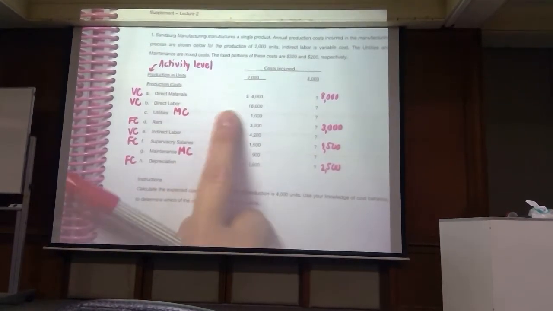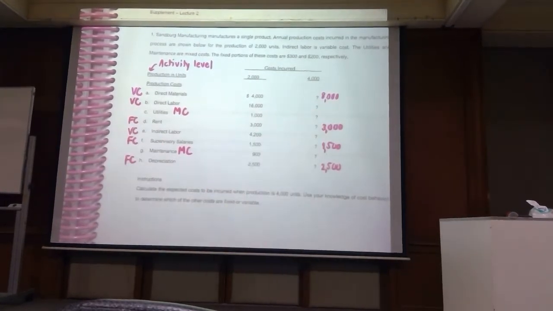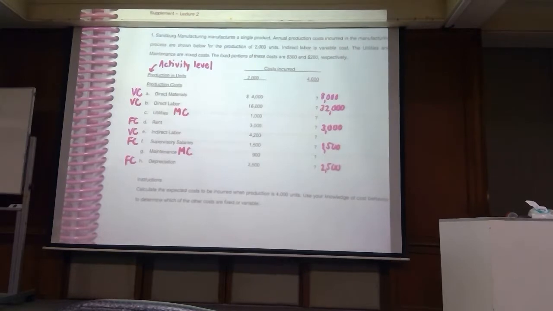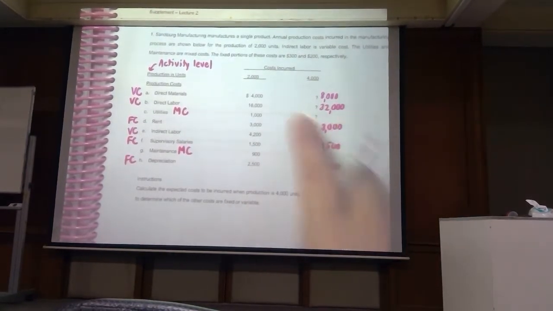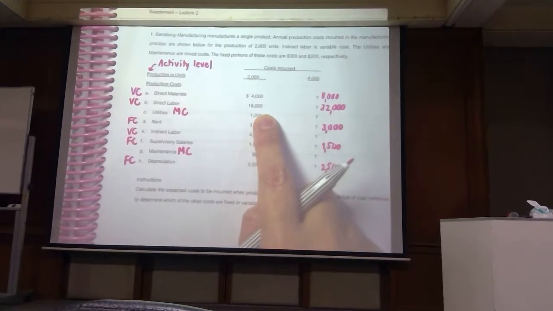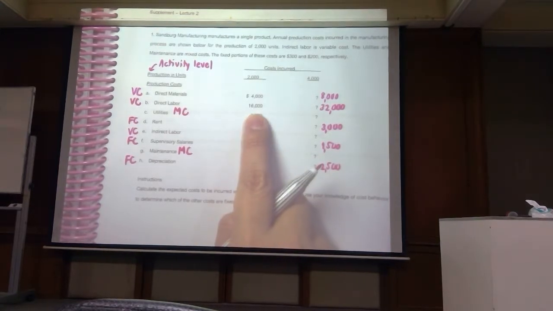And how about direct labor? If you produce 4,000 units, how about the total cost of direct labor? It's gonna be 32,000, right? So the way that we compute this one, actually it's easy. We know that we produce double, we can just multiply 2 with 16,000, right? But if you want to compute it in a more correct way, you better find the variable cost per unit, okay?